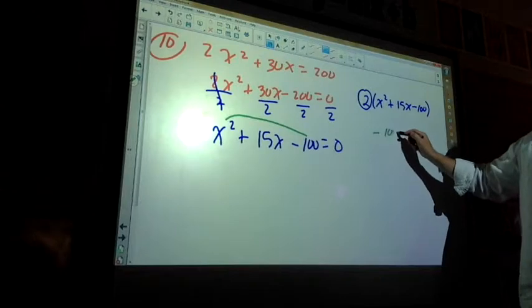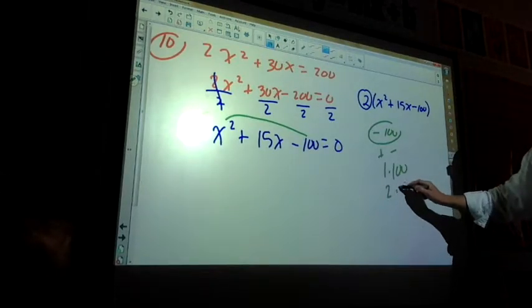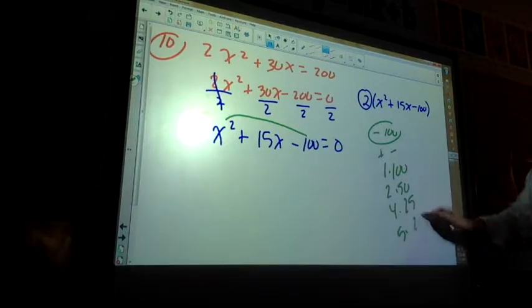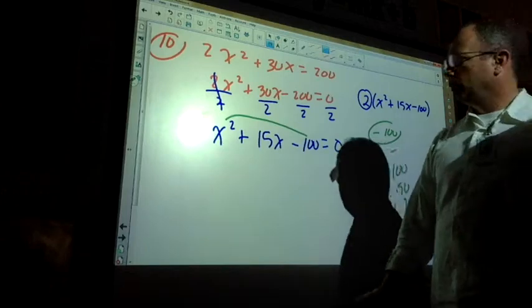Negative 100. Alternating signs. 50, 4, 25, 5, and 20, and 10 and 10. 5 and 20 work. Which one's positive? The 20. Cool.